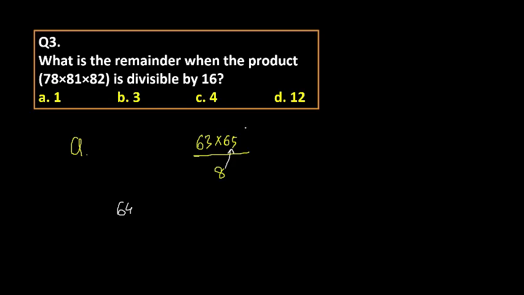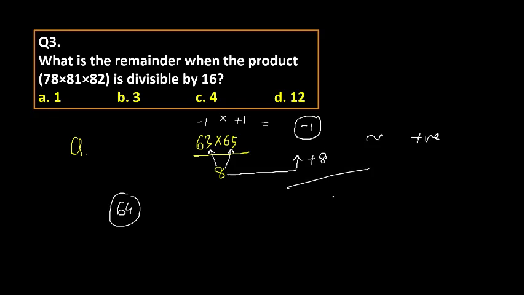So the first one is plus 1 from that, and the second one is minus 1 from that. Multiply it, you will get your remainder, but you are getting minus 1. How will you convert this into positive? Just add this 8 and you will get the fastest answer. Are you getting my point? Good. 7 is the correct answer.